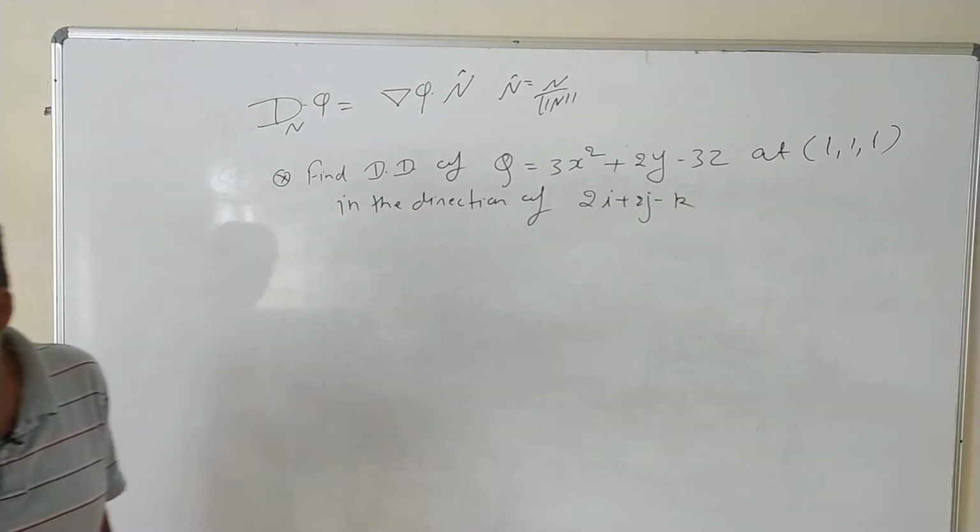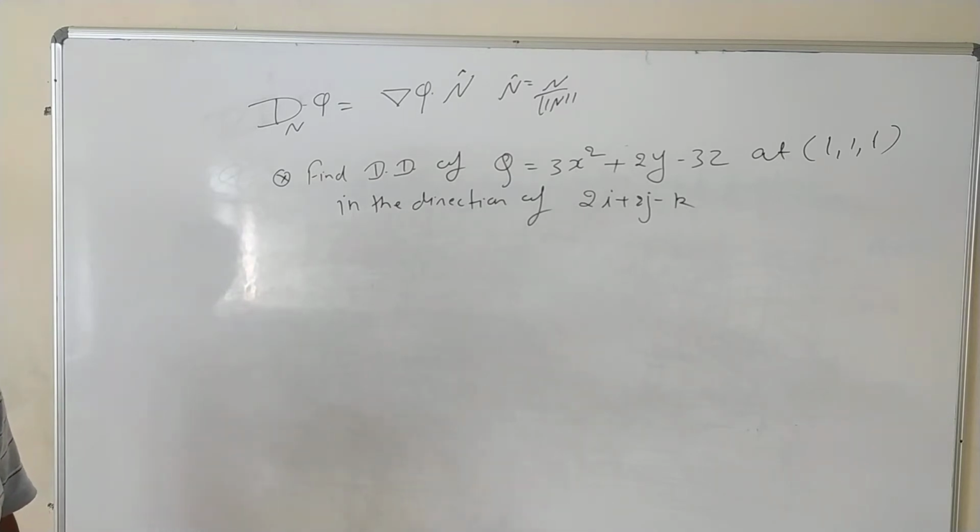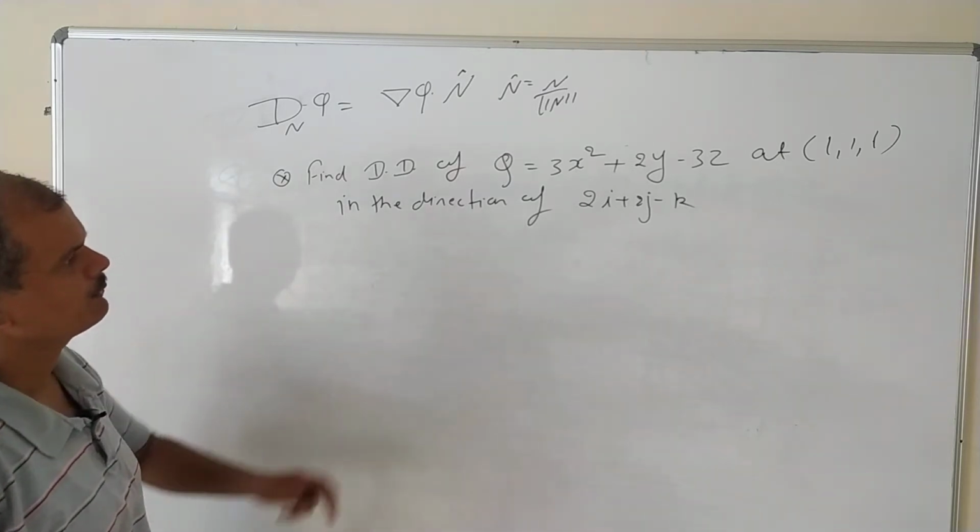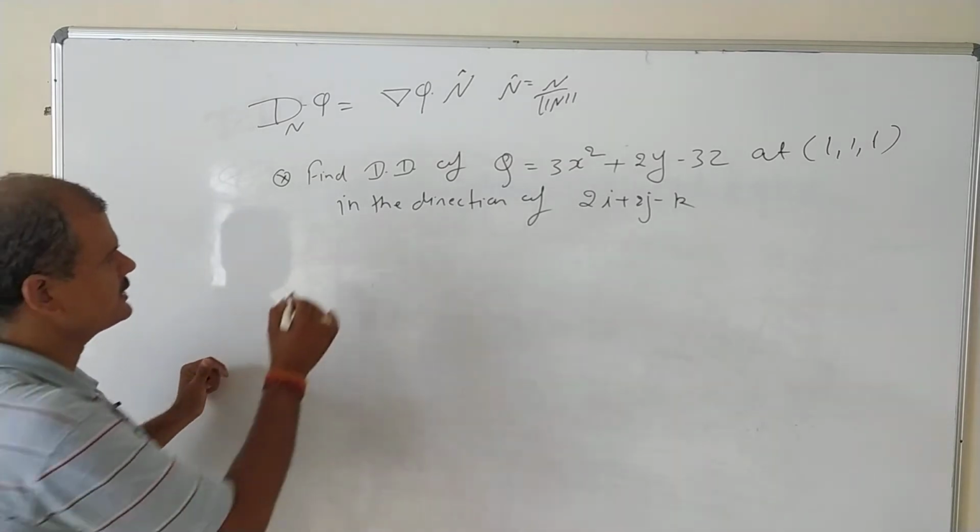Let me verify the question: 3x square plus 2y minus 3z. Okay, fine. So here phi is given and direction n is given.